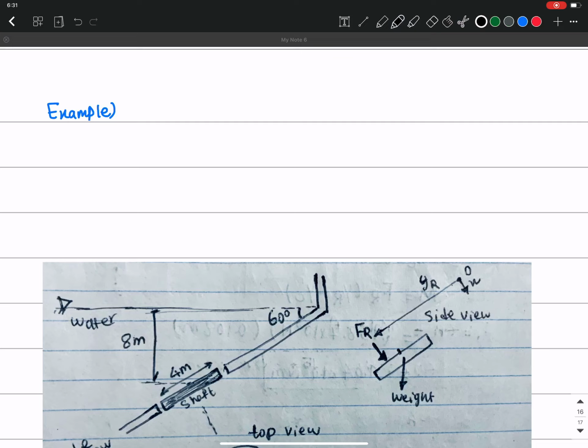So in this example, I want to find and calculate the hydrostatic force exerted on a shaft. It's kind of an inclined plane.